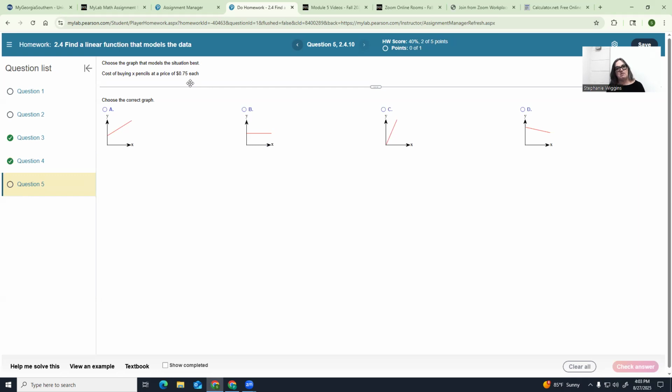So that's an increasing function, all right? And so we can choose A or C. Which is the correct one? Well, what if you buy 0 pencils? Then you're going to pay $0. So 0, 0 is a point on the graph, and A does not represent that, whereas C passes through the origin. So C is the correct choice.